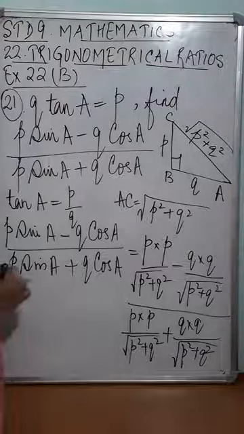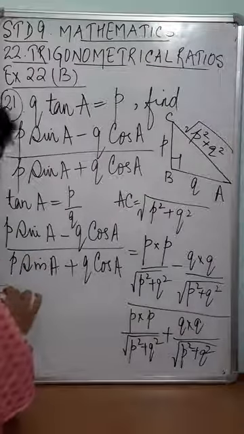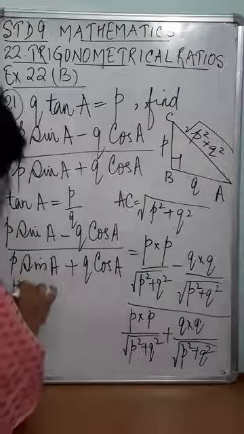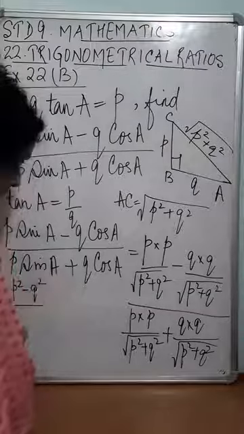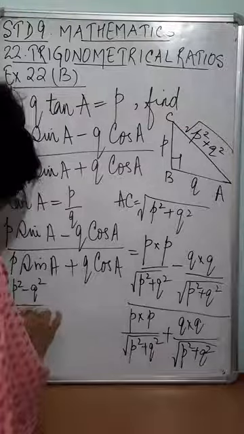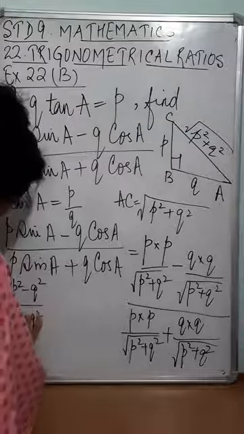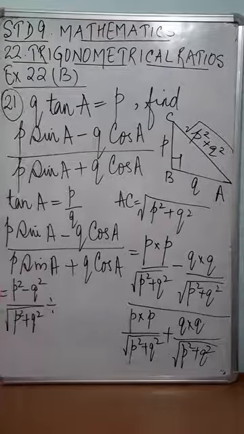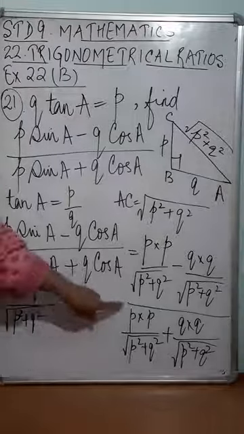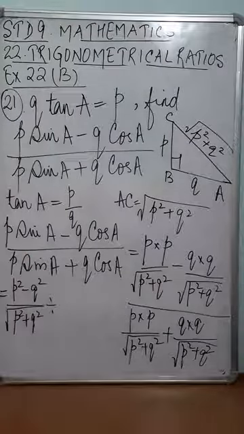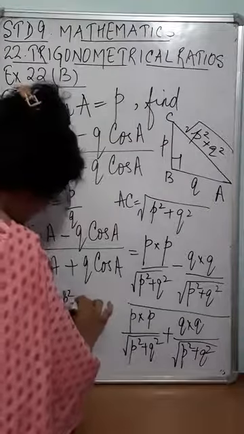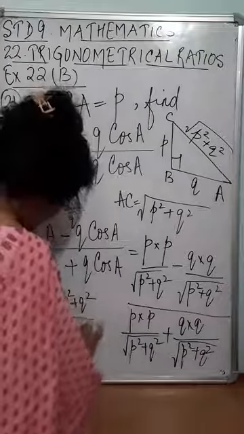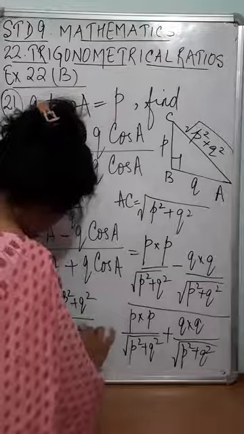This on simplification is p square minus q square by the square root of p square plus q square, and the sign of division here, p square plus q square by the square root of p square plus q square.